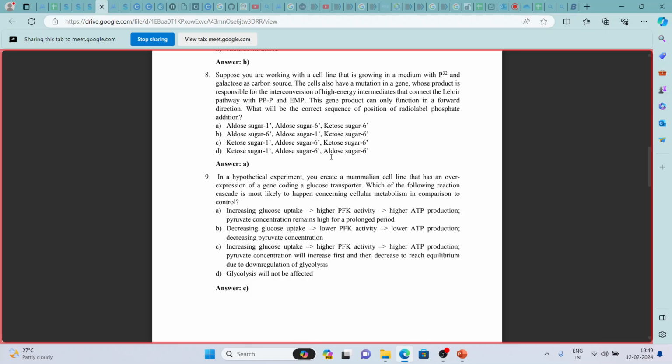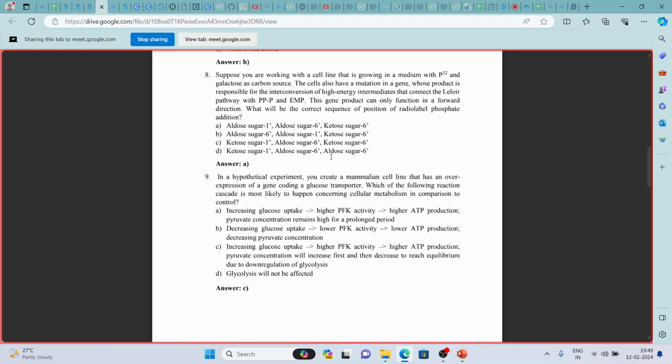Question 8. Suppose you're working with a cell line that is growing in a medium with P32 and galactose as carbon source. The cells also have a mutation in a gene whose product is responsible for the interconversion of high energy intermediates that connect the layer pathway with PPP and EMP. This gene product can only function in a forward direction.